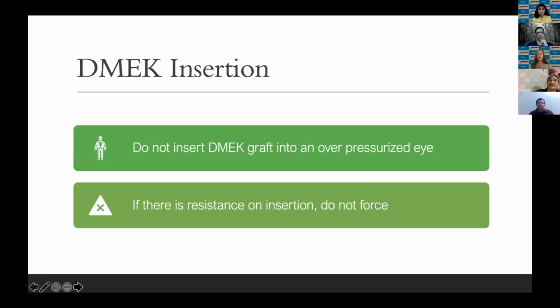So for DMEK insertion, again, do not insert the DMEK graft into an overpressurized eye, or you will get the unhappy event of having the graft come out for you. And if there is resistance on the insertion, basically do not force it. You should have a little bit of resistance, but not so much.